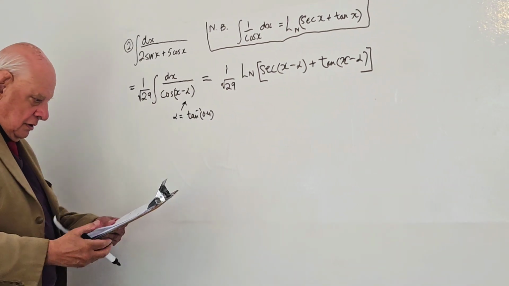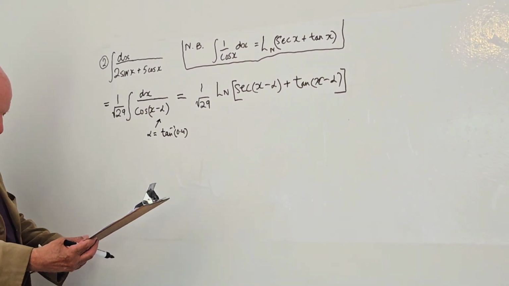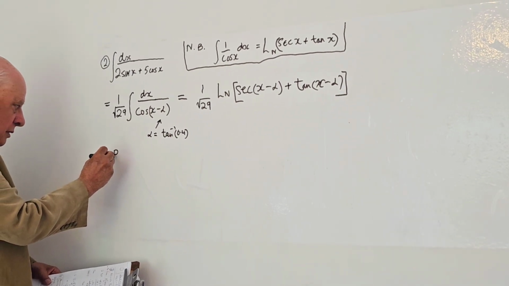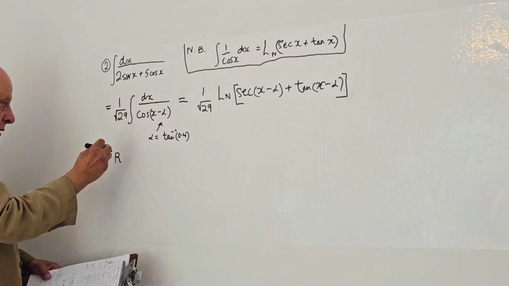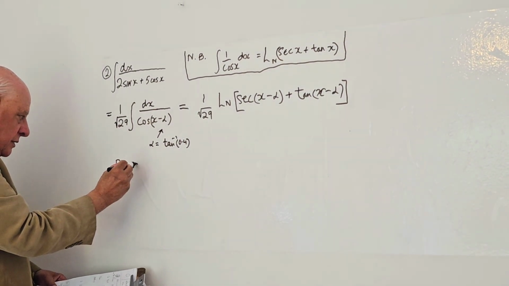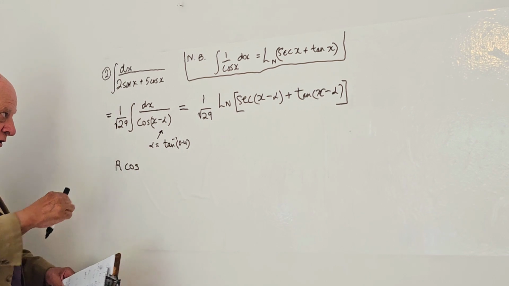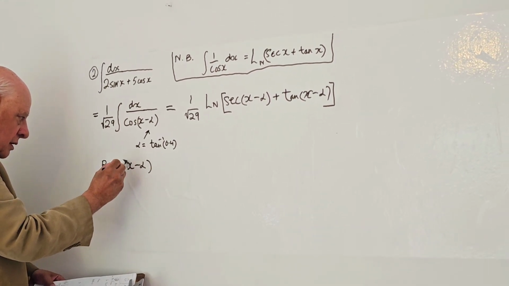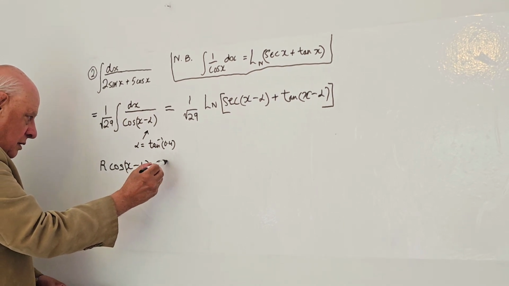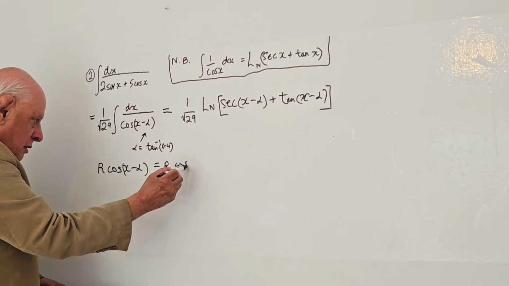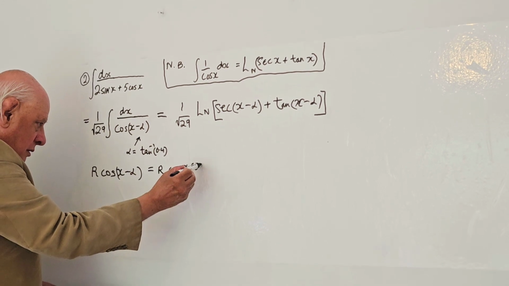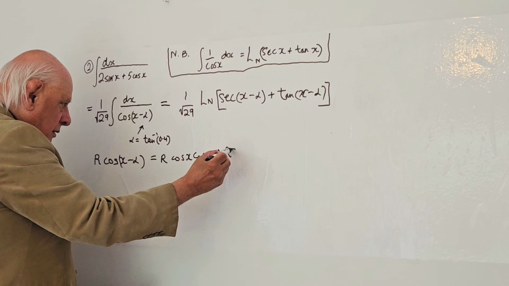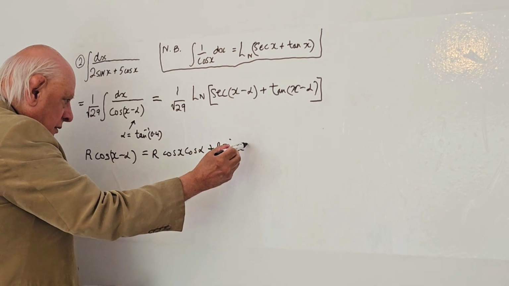Well, first of all, cos of x minus alpha, let's write that in the form r cos of x minus alpha, where r is some fixed number which we're going to have to determine. R cos of x minus alpha equals r cos x cos alpha plus r sin x sin alpha.